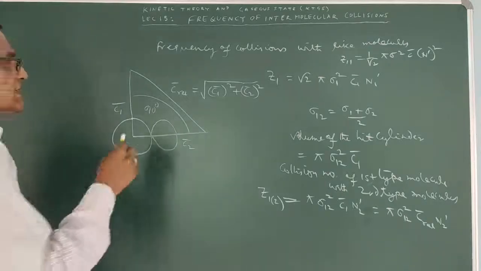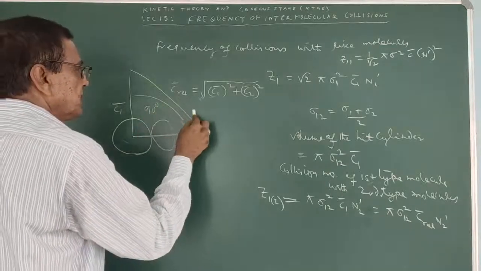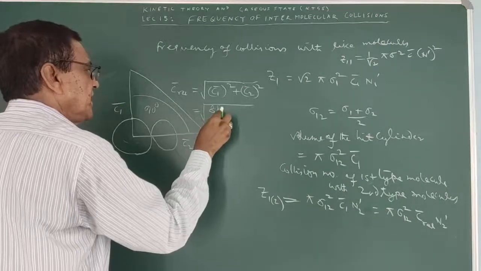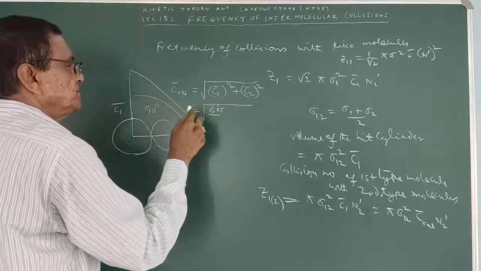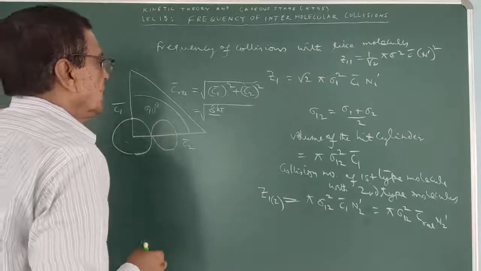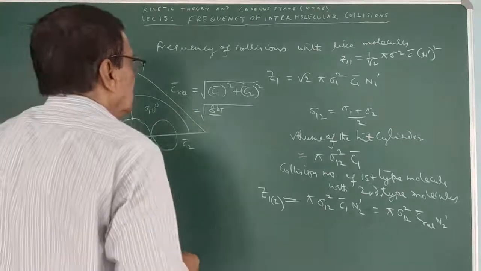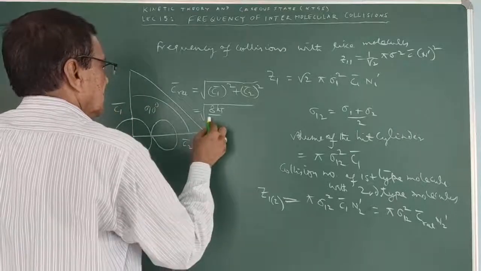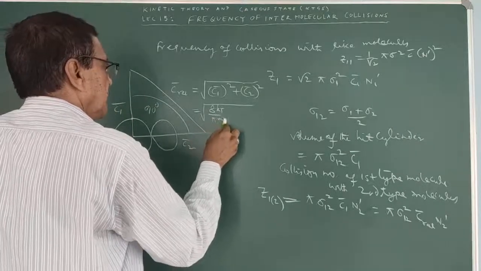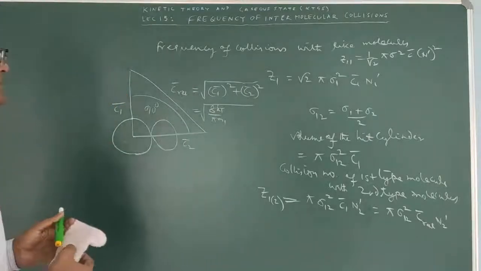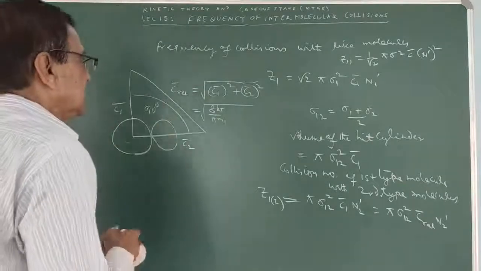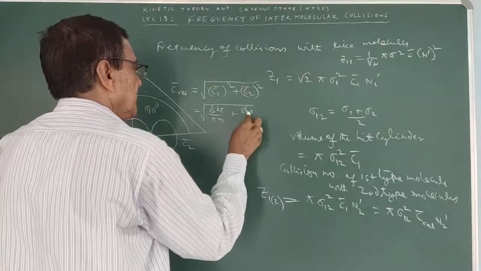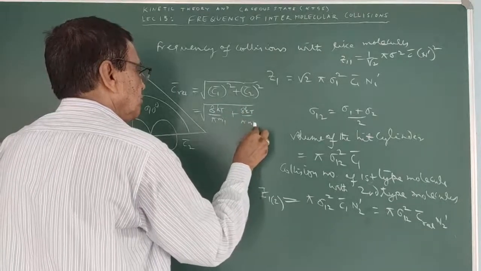So this will give you root over 8 KT by pi M1, and this one will give you 8 KT by pi M2.